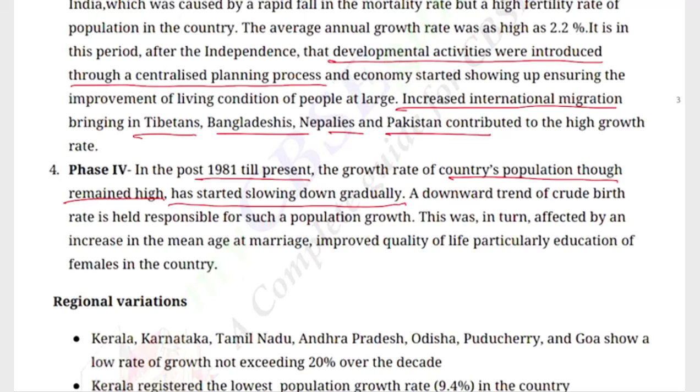And in today's time, it has decreased to commonly 2 or at most 3. That's why the population growth has slowed down a bit.